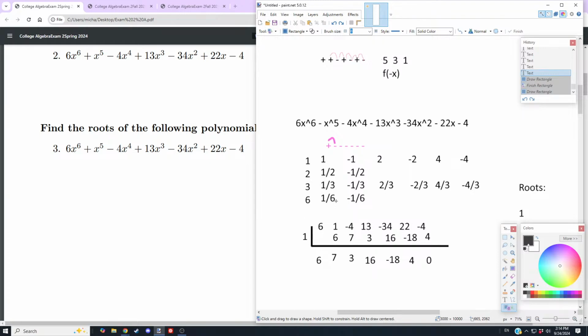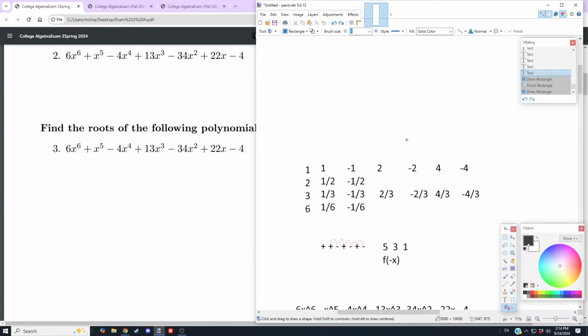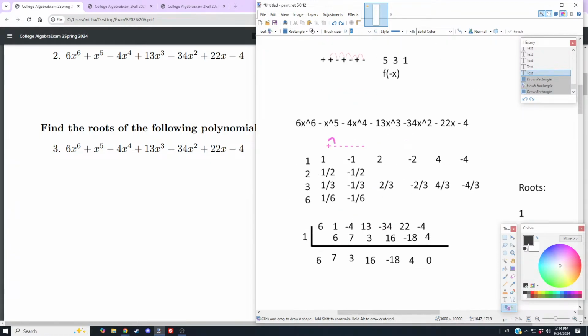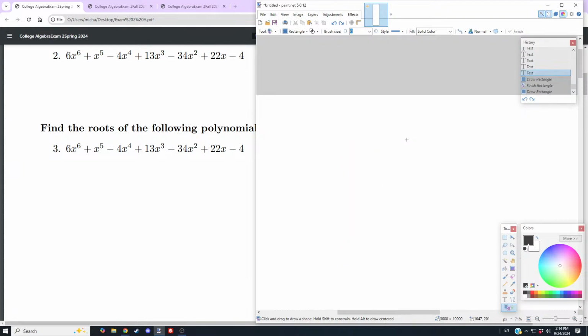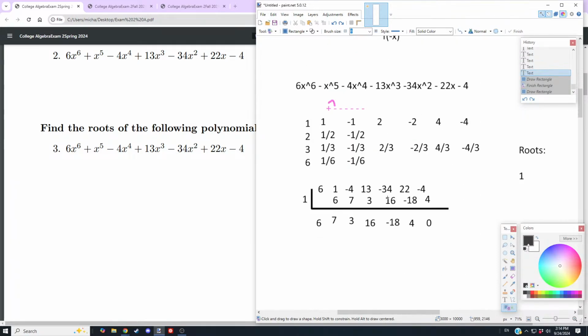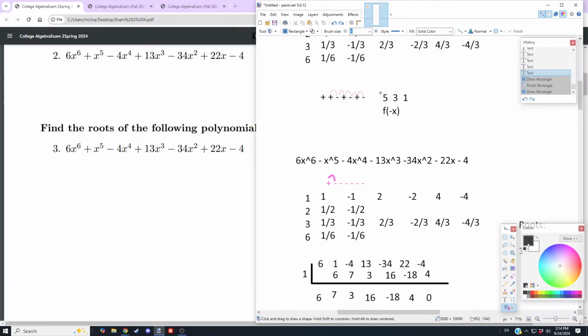We did find a positive root, so we know that. We have 5, 3, and 1. These are the number of positive roots, 1, 3, and 5. We found 1. That might be all of them, but there might be 2 more, or there might be 4 more.